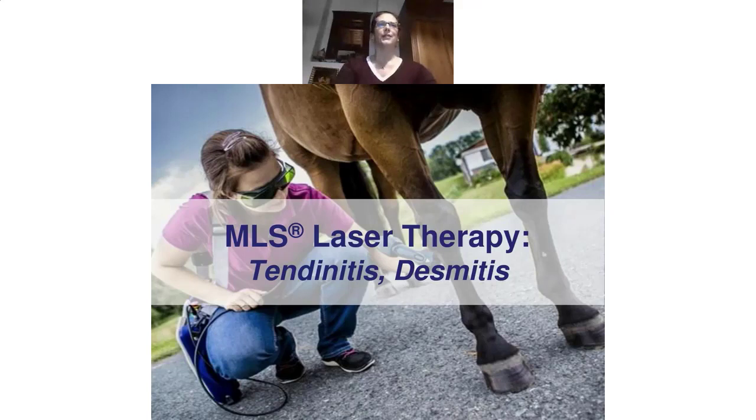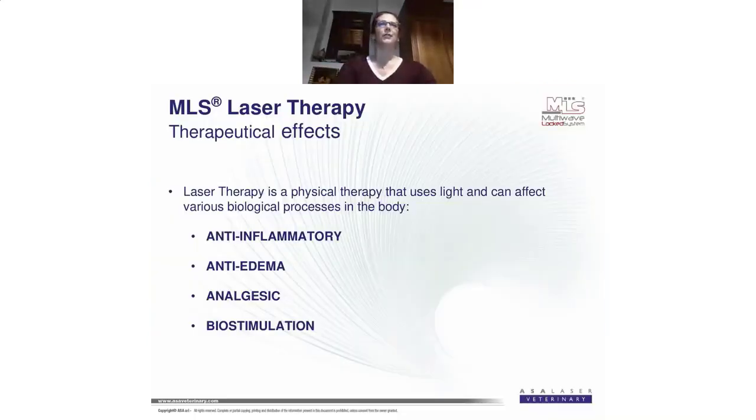So let's go on. We start talking about laser as a physical therapy that can affect biological processes in the body. But which are these processes? Anti-inflammatory, anti-edema, analgesic, and biostimulation.